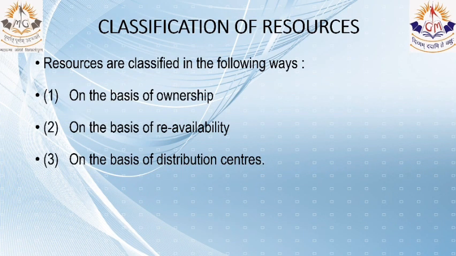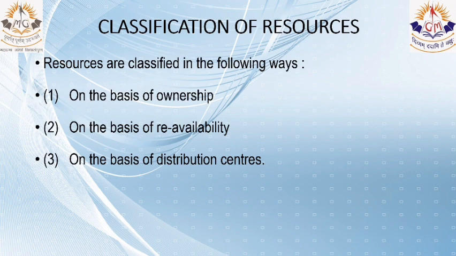Now, to understand the natural resources, we do yet another type of classification so that we can understand and learn it in a better way. Resources are classified in the following ways: on the basis of ownership, to whom they belong; on the basis of re-availability, whether they can be used one time or are available again; and on the basis of distribution centers, where they are available and how much can be distributed.